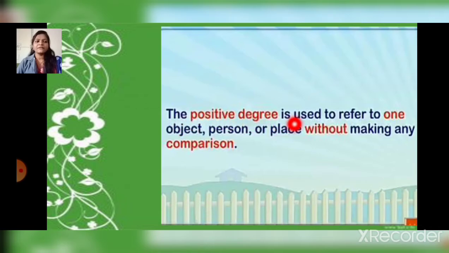The positive degree is used to refer to one object, person or place without making any comparison. So in positive degree we don't have to compare the things.